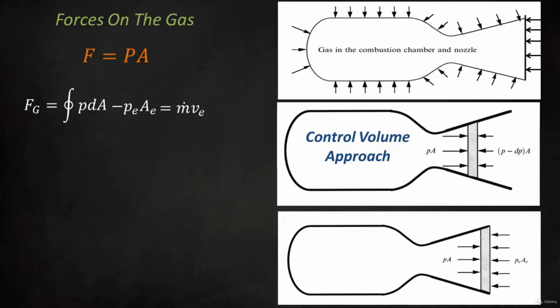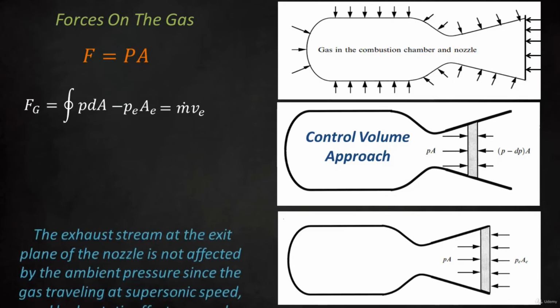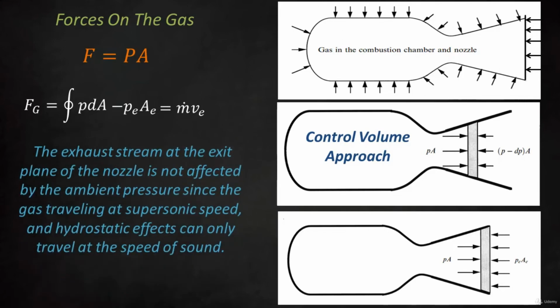And now we said that the flow of the gas is not disturbed. There is no turbulence. And that's because the exhaust stream at the exit plane of the nozzle is not affected by the ambient pressure, since the gas is traveling at supersonic speed, and hydrostatic effects can only travel at the speed of sound.